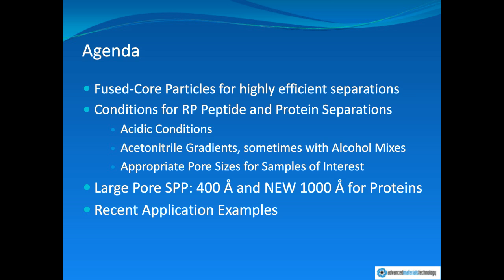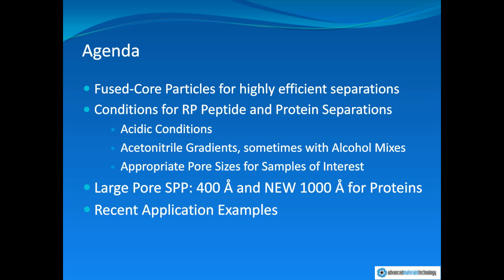And as is typical, these separations are conducted under acidic conditions, with a gradient of a suitable organic modifier, typically acetonitrile, but in some of the examples that I'll show you, we also use alcohol mixes. A lot of today's discussion will be concerned with pore size, and I will try to convince you that pore size needs to be appropriately matched to your samples of interest.